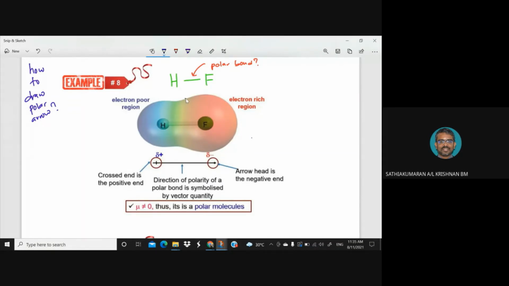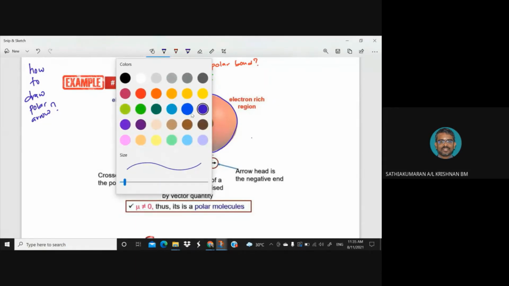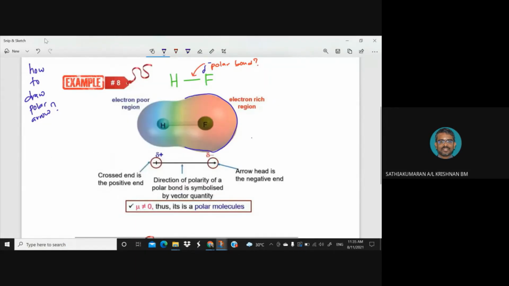So you can see this area will be rich with electrons, so I can label it delta negative. If the atom is less electronegative, the tendency to attract electrons will be less. So you can see this area around hydrogen is an electron-poor region, so I can label it delta positive.